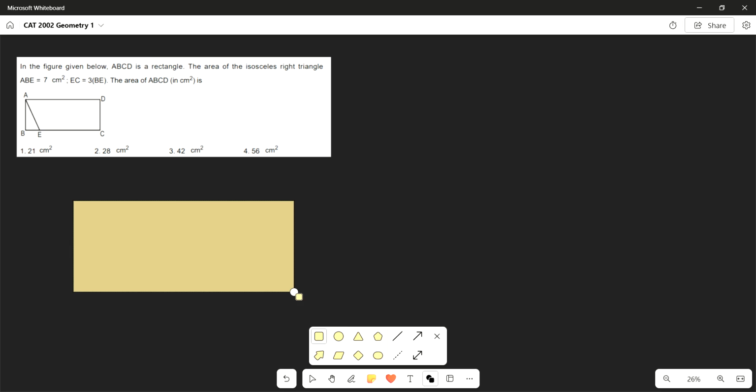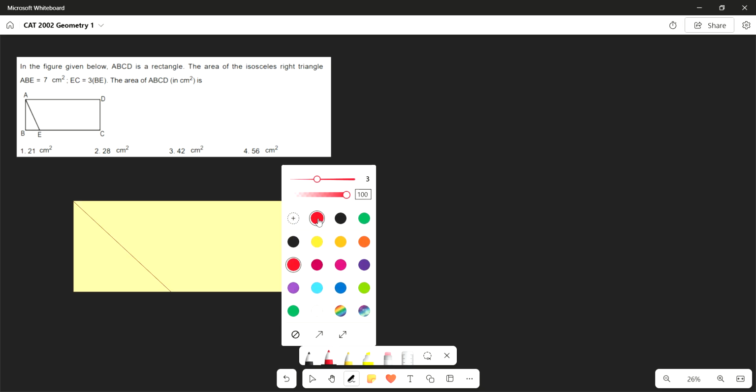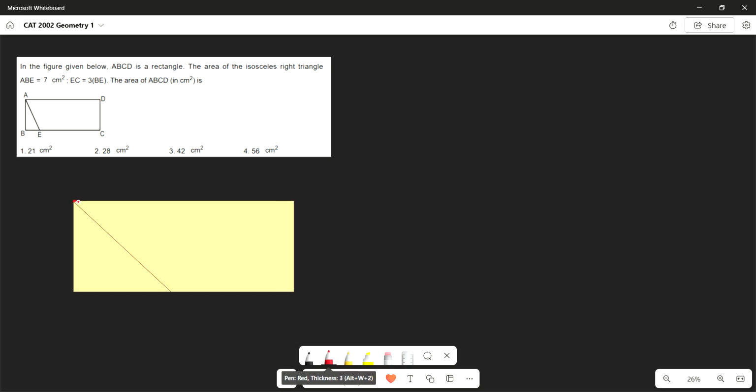draw a rectangle. Let me draw a triangle, an isosceles right angle triangle. A, B, this is E, and we are given that ABE is an isosceles right angle triangle.